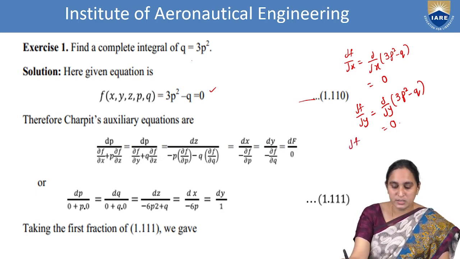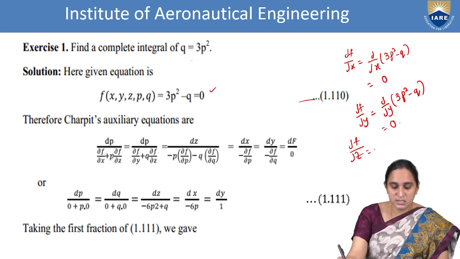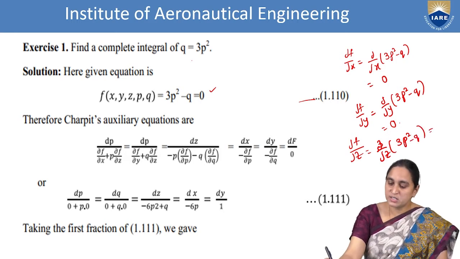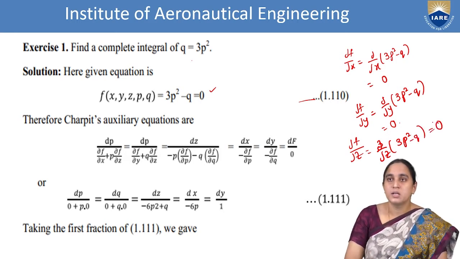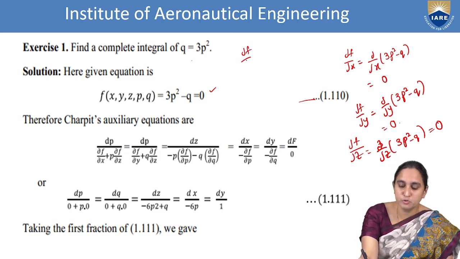And next with respect to z. What about ∂f/∂z? That is ∂/∂z of 3p² − q. There is no z term, that's why this is also 0. This is with respect to x, y and z differentiation. After that, I'll differentiate with respect to p.